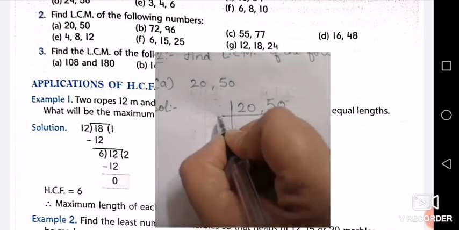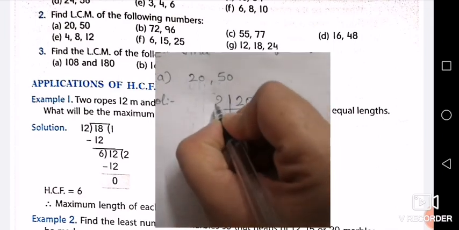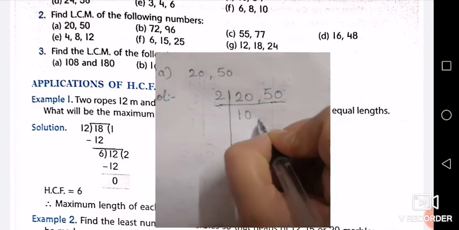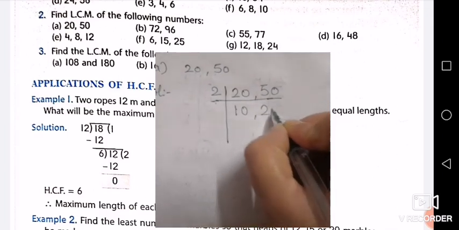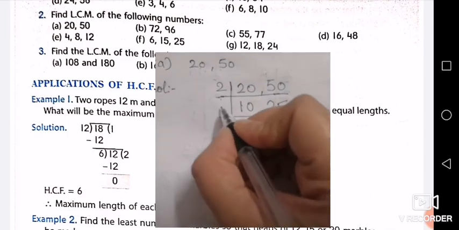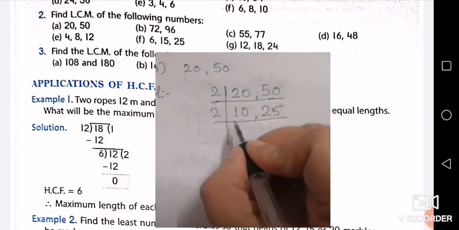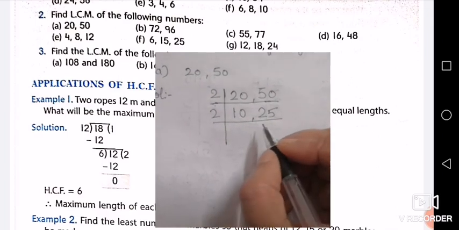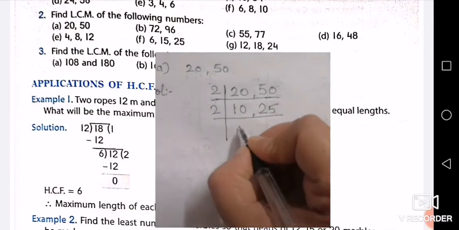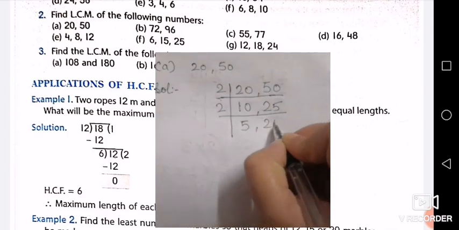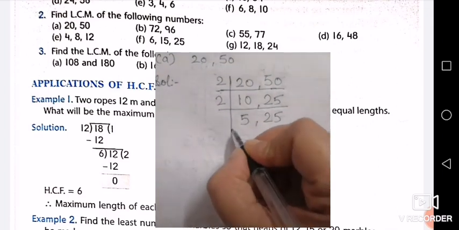First of all, in the division method we will start with our first prime number, that is 2. 2 tens are 20, and 2 twenty-fives are 50. Then again it goes 2 times only. Now you will say that 25 doesn't come in the table of 2. No problem, but 10 is coming now. So we will do it with 10 only, and 25 we will write as it is.